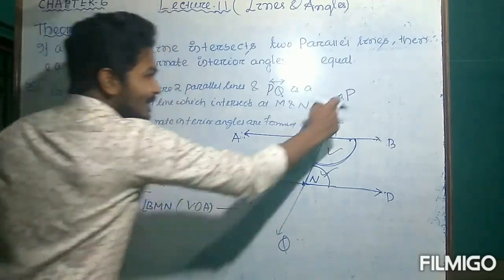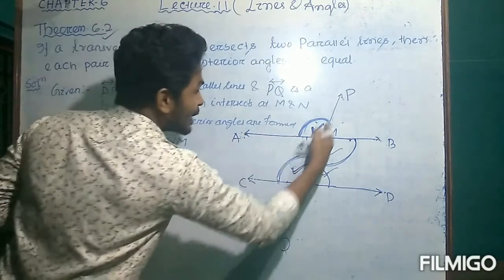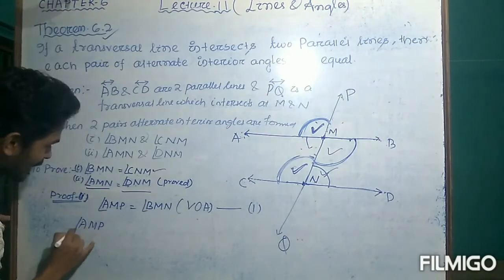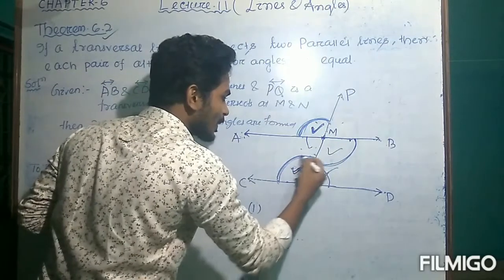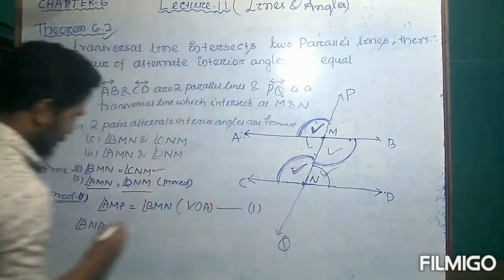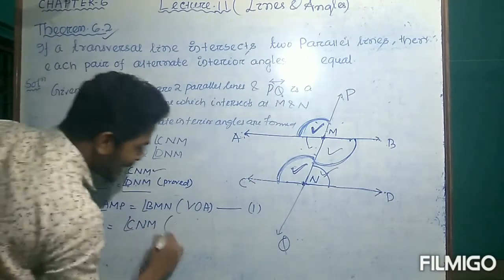So you can write the angle PMA, or you can write AMP. The angle AMP is equal to this angle, right? So these two angles are equal. This angle, the angle CNM, is equal to AMP. Why?